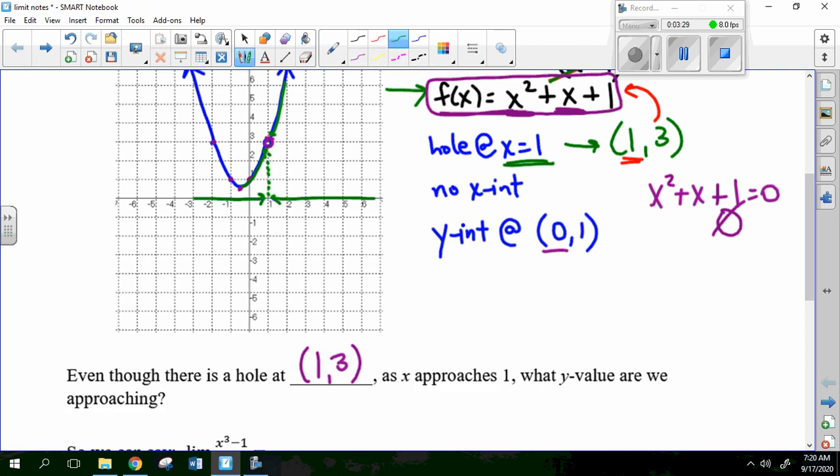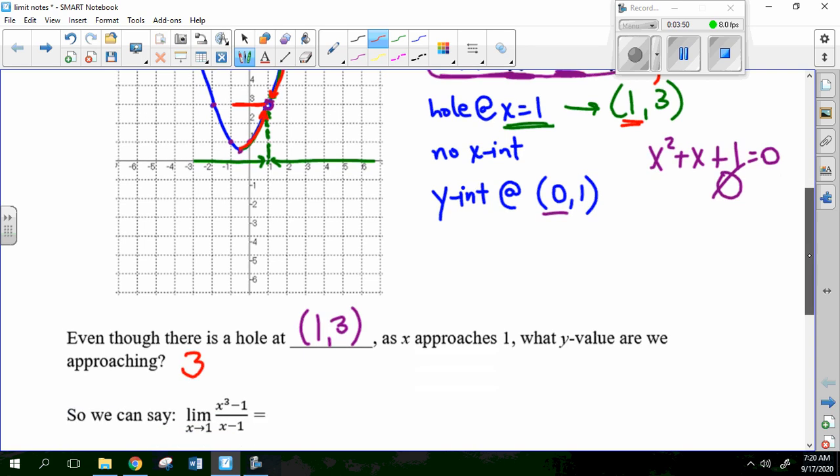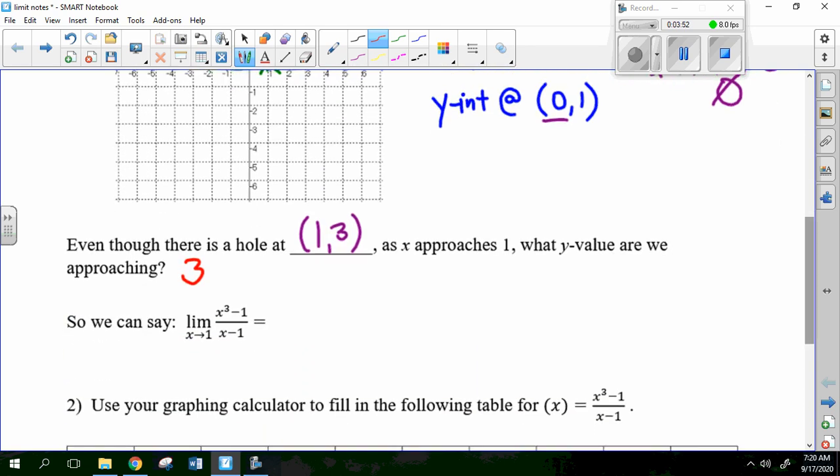As x approaches 1 on the graph, what y value are we approaching? Even though there's a hole there, the graph is coming into the same y value from both sides. Because we're coming into a y value of 3 from both sides, we can say that the limit as x approaches 1 of the original function is 3.